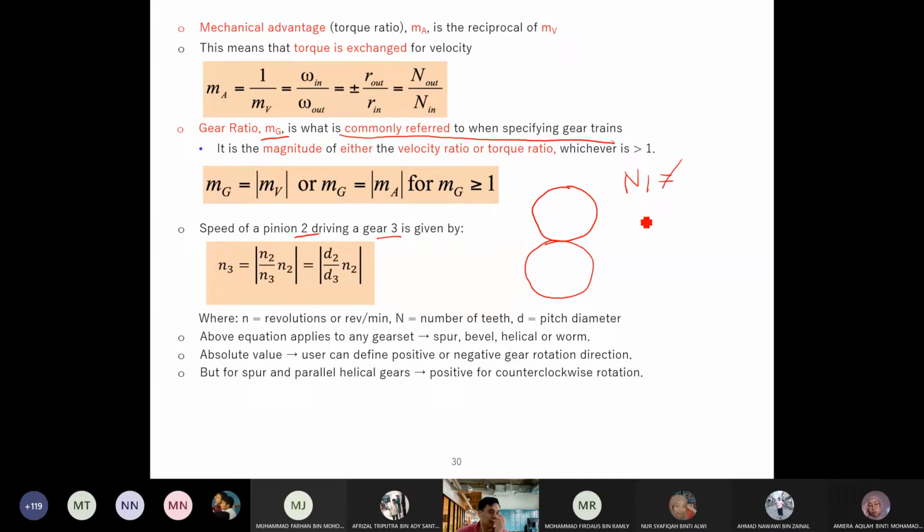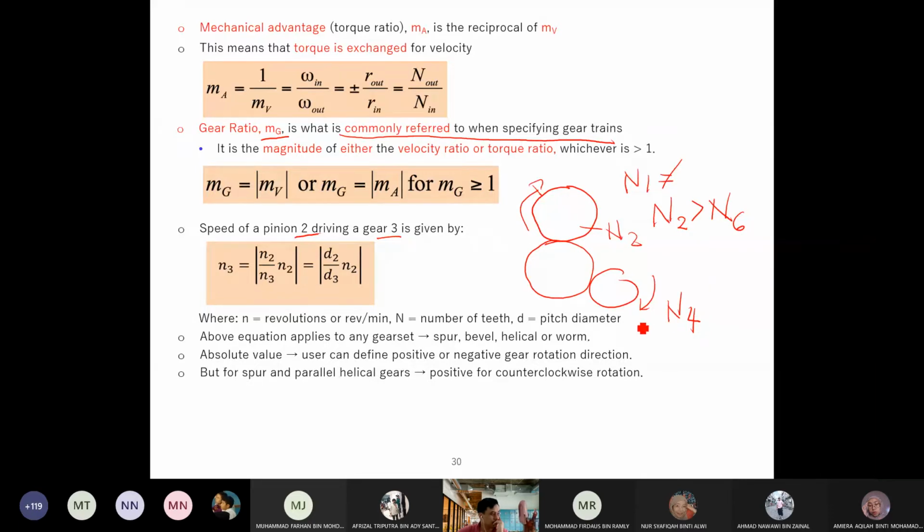So the gear actually starts from number 2, up to whatever it is, 6 ke. So katakanlah awak ada 3 gears, you have to start from number 2. This is the driving. This is the driven. See, this is gear number 2, 3 and 4. Boleh faham? So, very straightforward.